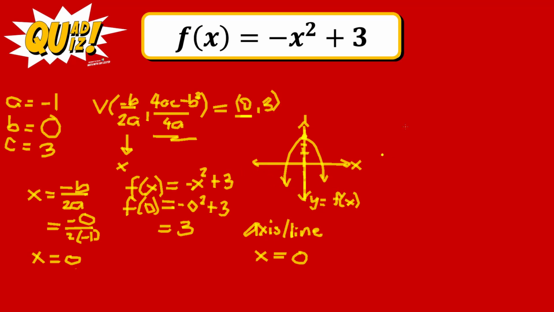Now let's proceed to the last concept that is part of this video, the intercepts. More specifically for this video, we're talking about x-intercepts. The x-intercepts are points on our graph where our graph will intersect the x-axis. Hence, it's called x-intercept. If it's y-intercept, then that graph intersects the y-axis.